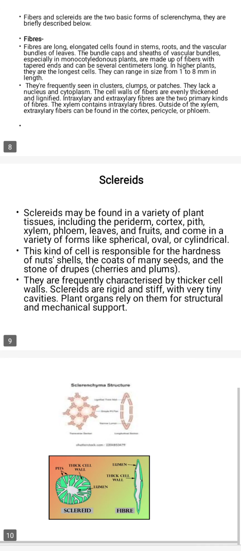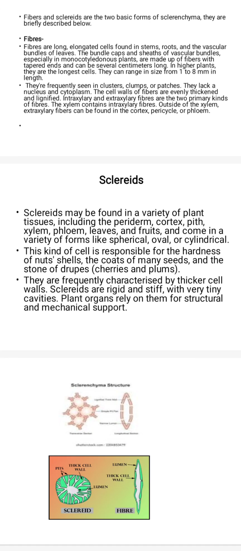Okay, another type is sclerids. Sclerids may be found in a variety of plant tissues, including the periderm, cortex, pith, xylem, phloem, leaves, and fruits, and come in a variety of forms like spherical, oval, or cylindrical.